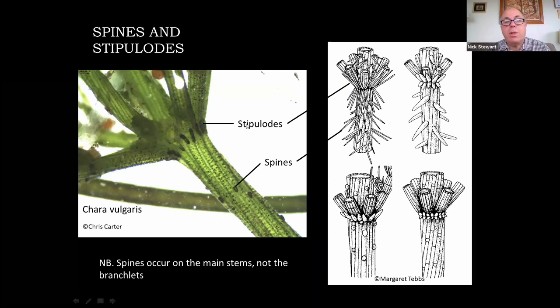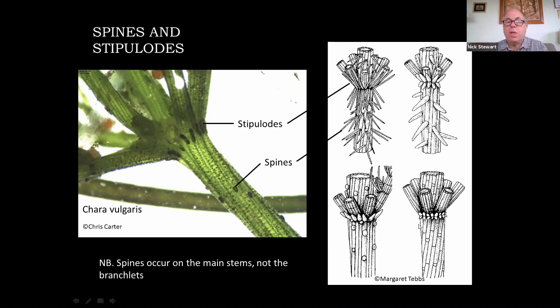These are called stipulodes, and they're often quite similar in development to the spines in the more spiny species, but they become particularly useful in ones with very little in the way of spines, because normally there are 2 rows, but in this there's just the 1 row developed. This is Chara virgata, and in this one they're hardly developed at all. This is Chara globularis. So they come into play in these not very spiny ones.